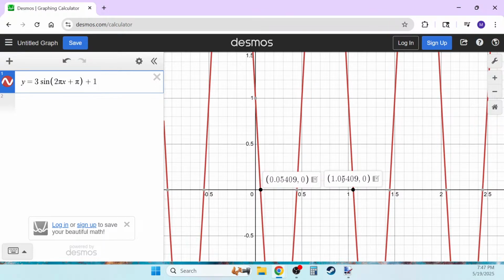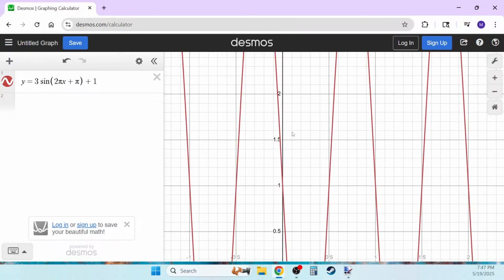We have 1.05409. Those are 1 unit apart in the x coordinate, and one full wavelength going all the way down and all the way up between them. So we just checked that our wavelength was correct. We just checked that our crests and troughs were correct, which means we have the correct amplitude and the correct offset.